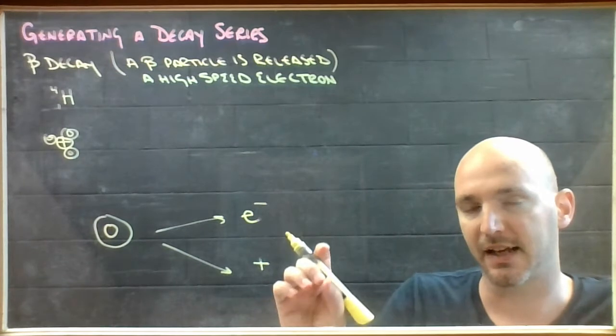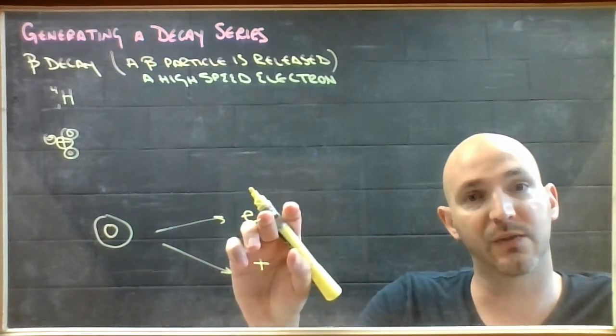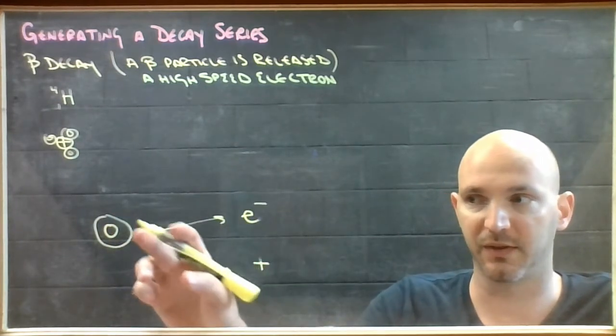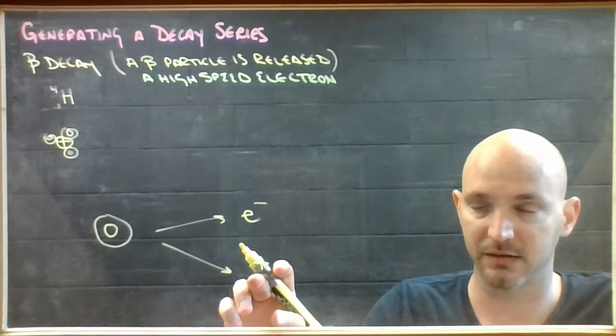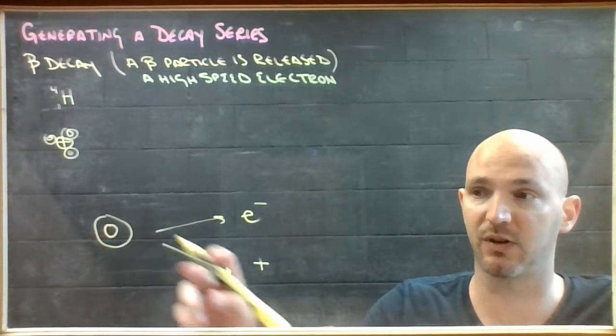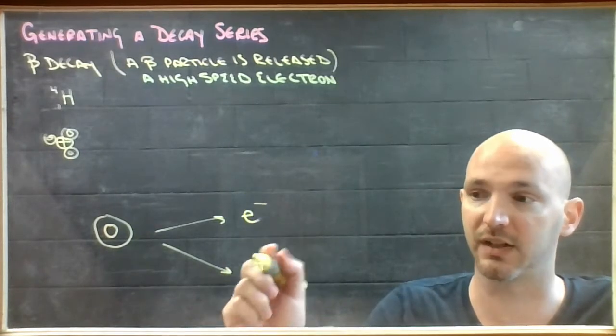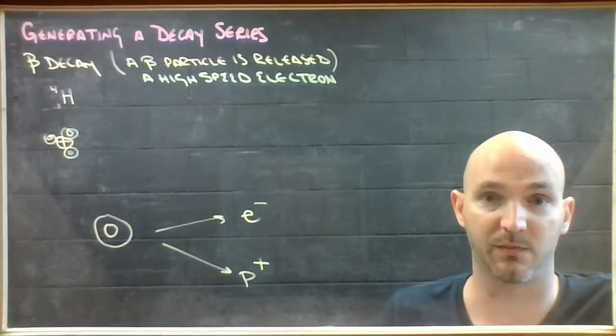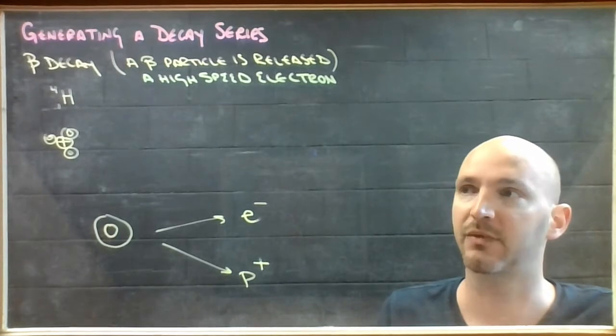And if the mass has to be conserved, electrons are very, very tiny compared to neutrons, so the bulk of the mass ends up here. So I need a particle that is approximately the same mass as a neutron, but has the opposite charge of an electron, and well, that's what a proton is.